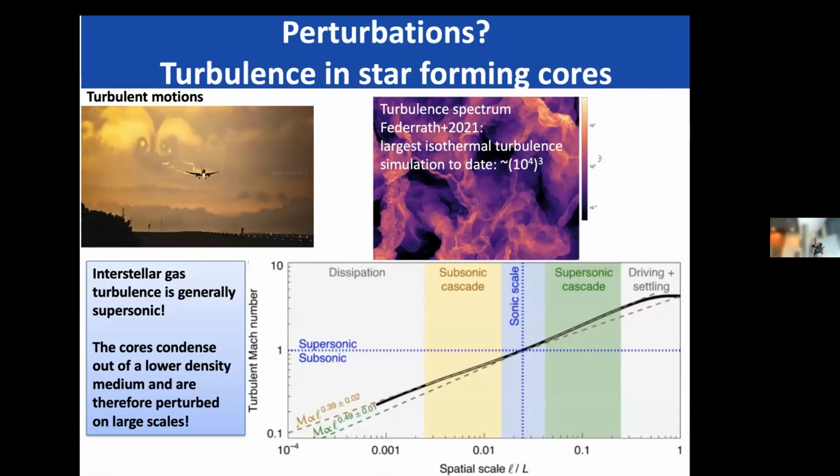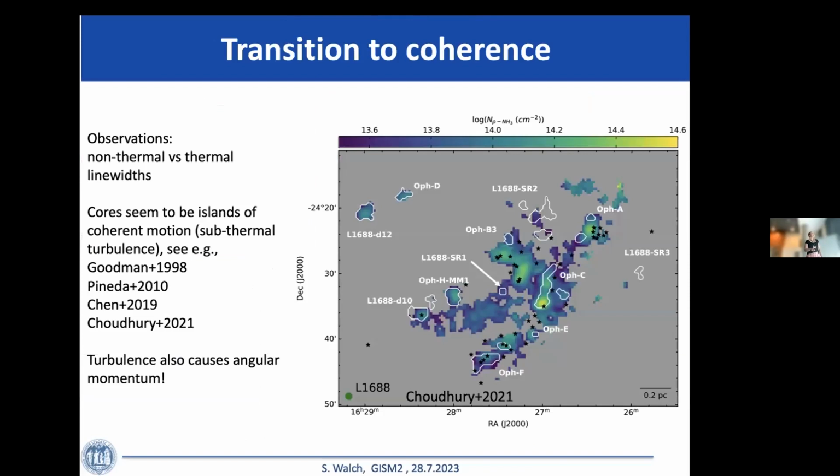Or actually, we don't know whether it's right around here or whether it's further down, because once you are below sonic, you're dominated by your thermal line width, so you cannot see very well how much the turbulence contributes. But there seems to be a transition to coherence, meaning that within your prestellar cores, your turbulent motions are not supersonic anymore, but rather on the sonic scale.